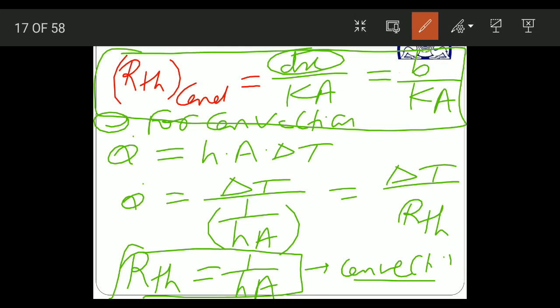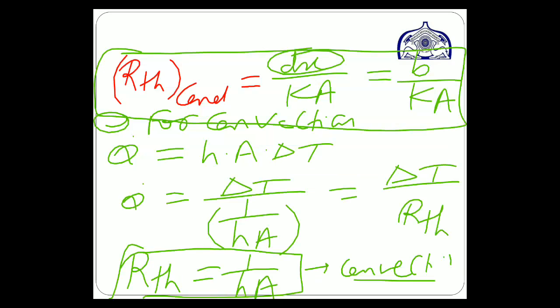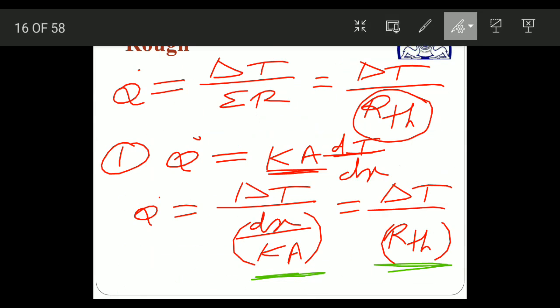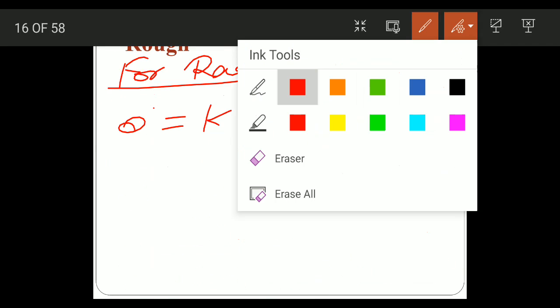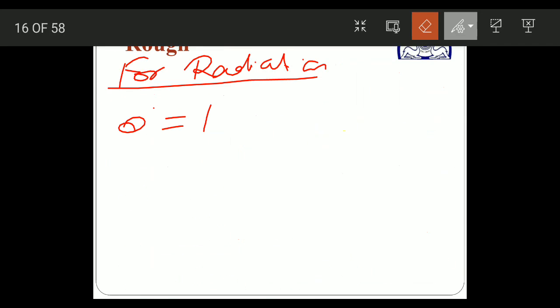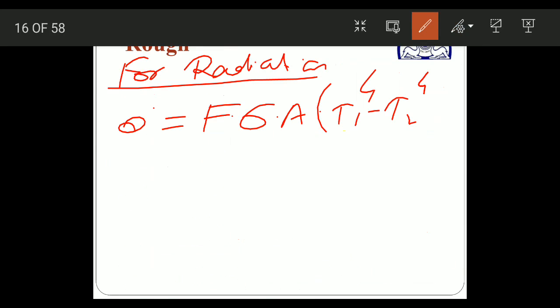Now let us find it for radiation. What is the formula for radiation? Q is equal to F into sigma into A into T1 raised to 4 minus T2 raised to 4.